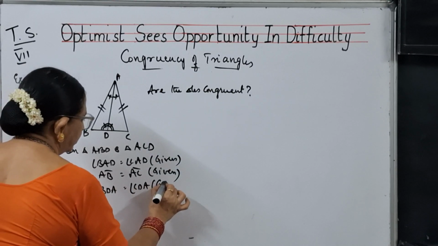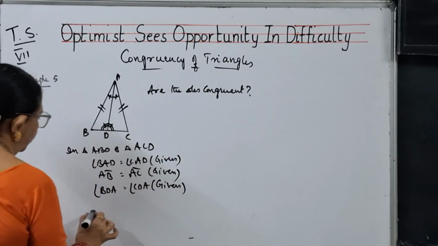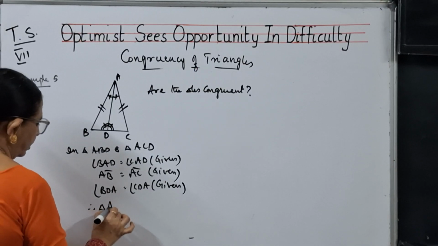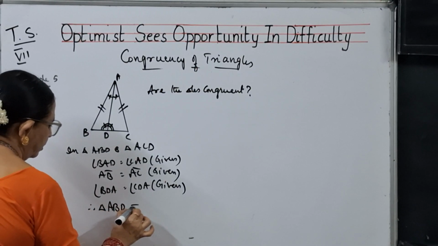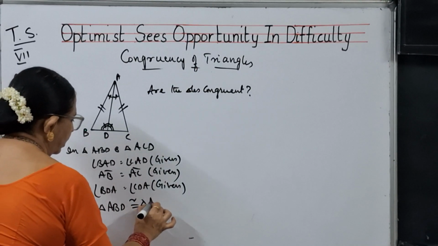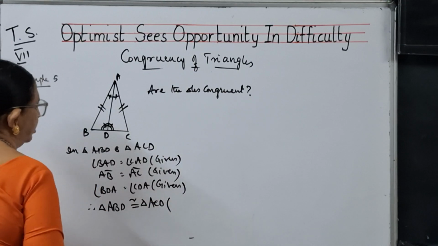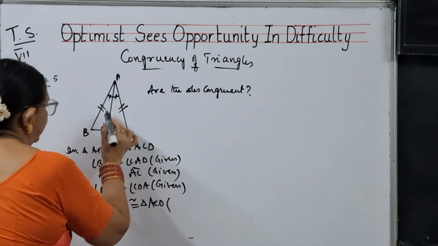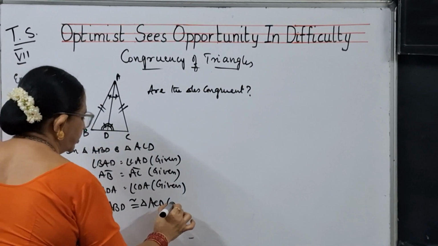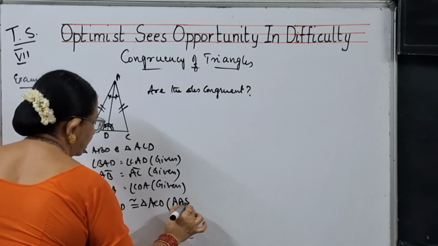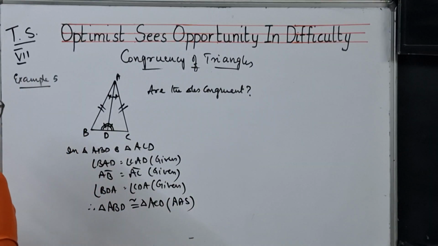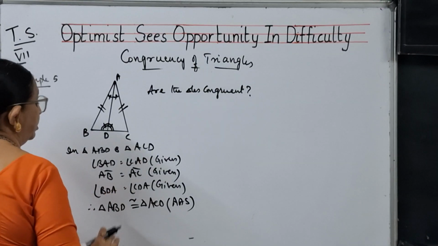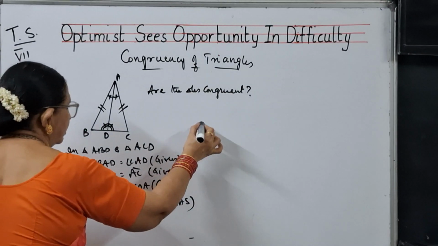This is also given to us. So we will say that triangle ABD is congruent to triangle ACD basing on what, children? Angle side property. This can also be done just by saying that.